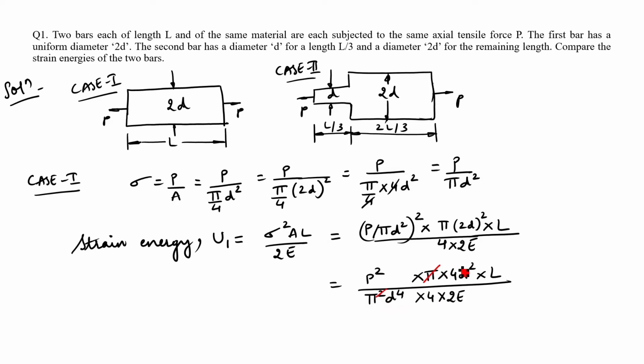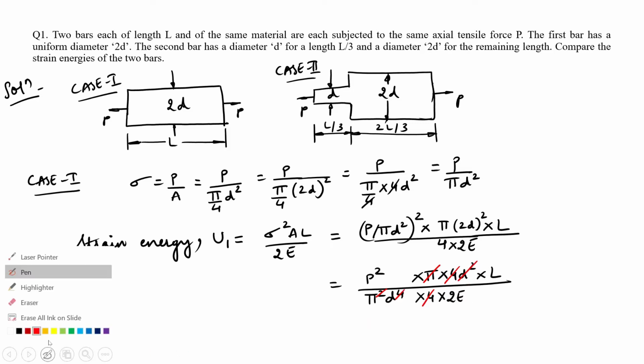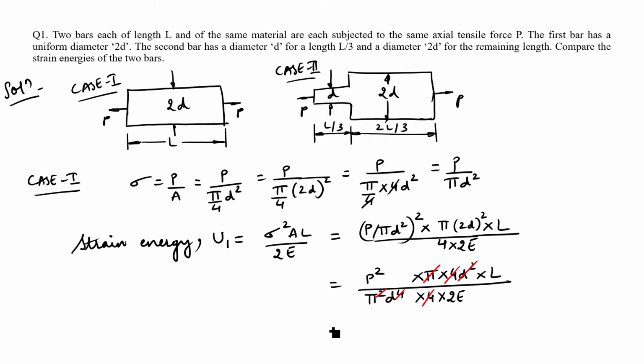This 4 and 4 will get cancelled. This is d square and this is d raised to 4. So what remains is P square L upon pi d square into 2E. This is my strain energy for the first case.